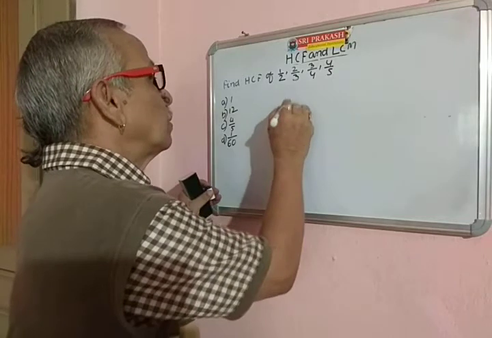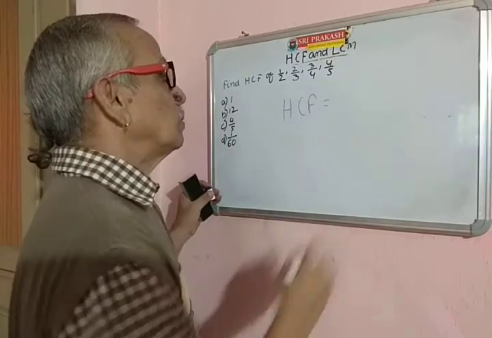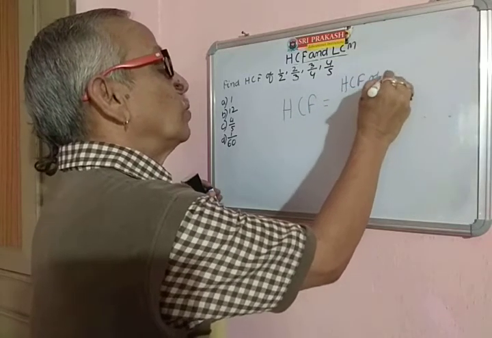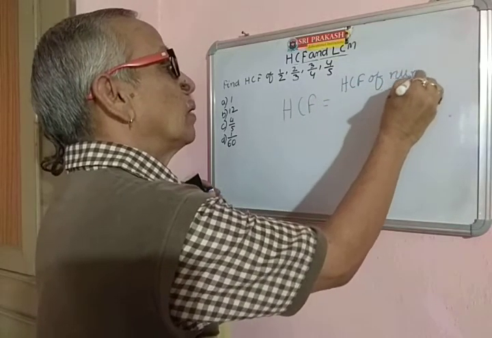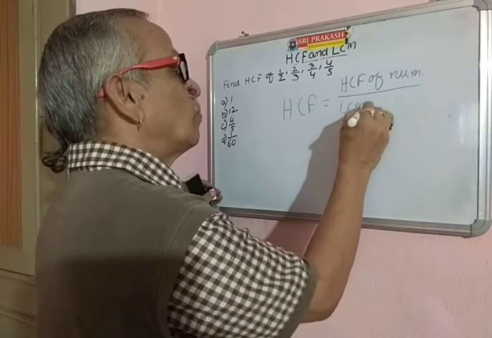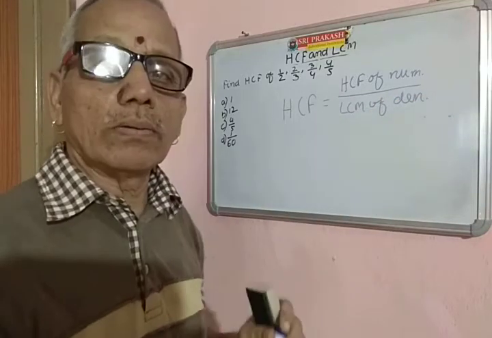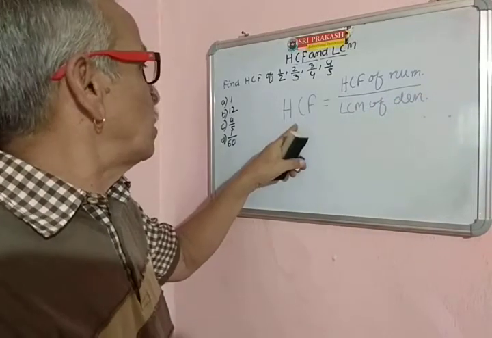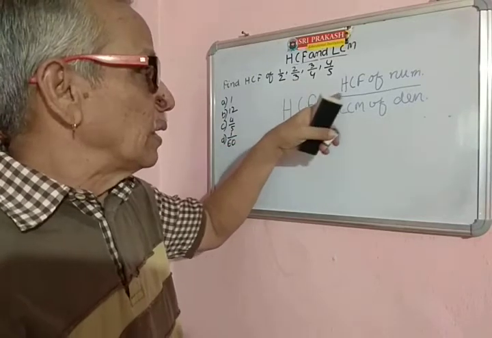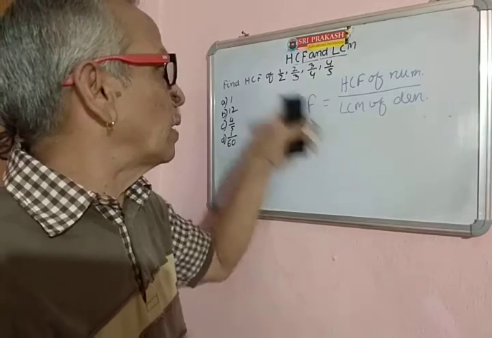HCF of the given fractions is equal to HCF of numerator by LCM of denominator. Clear? What is the formula for HCF of the given fractions? HCF of numerator and LCM of denominator.